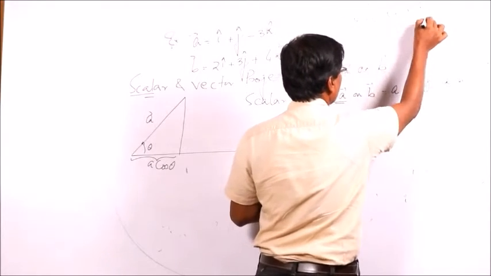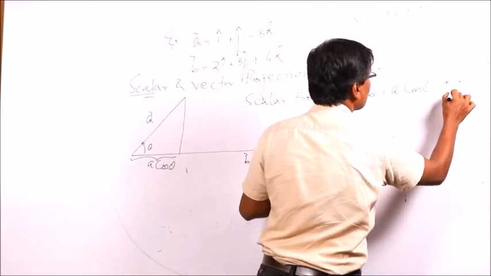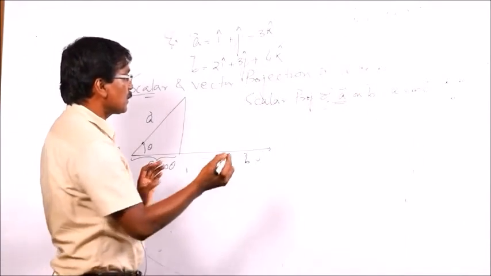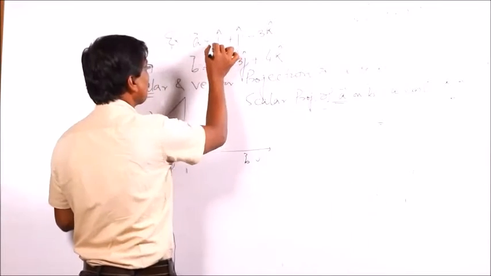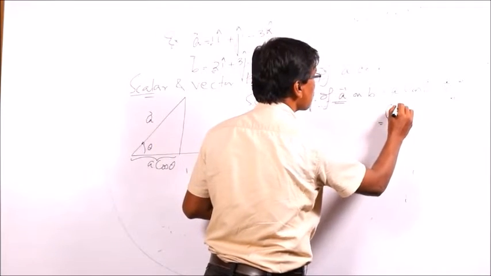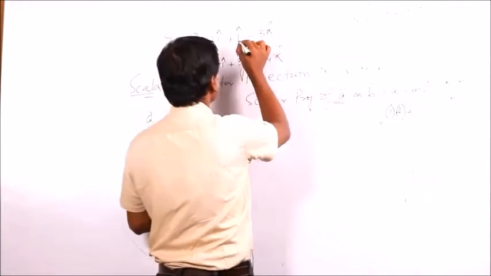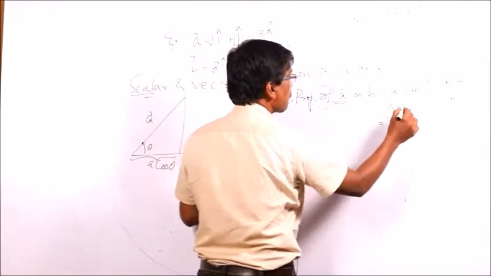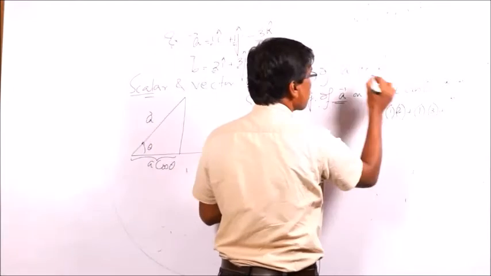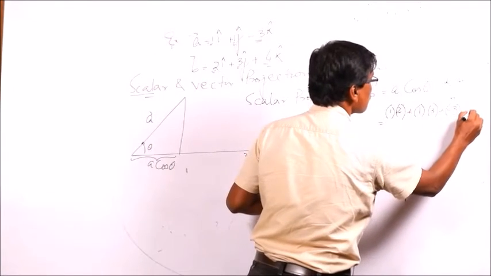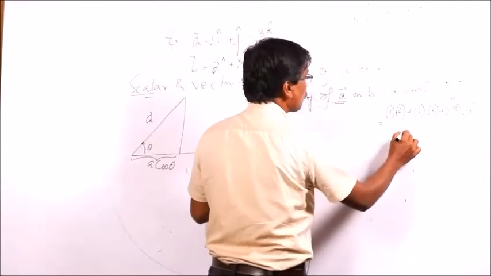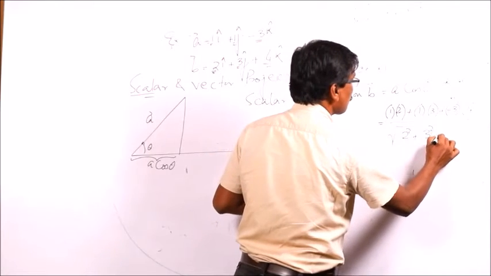So, A cos theta is A dot B by magnitude of B. Now, A dot B we multiply component wise, so that is 1 into 2 plus 1 into 3 plus minus 3 into 4, divided by magnitude of B, which is root over of 2 square plus 3 square plus 4 square.